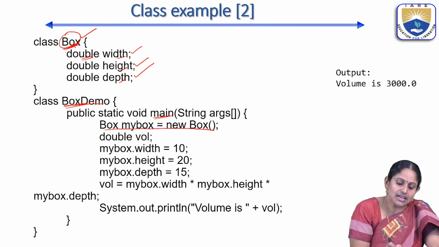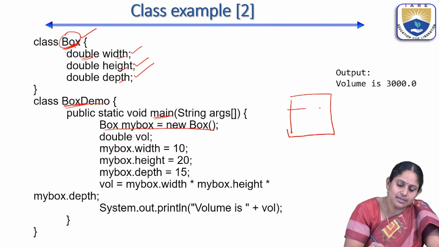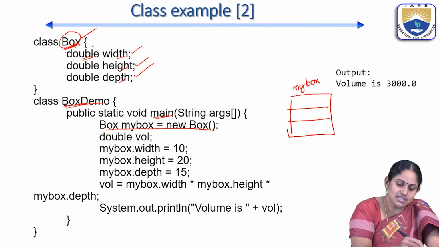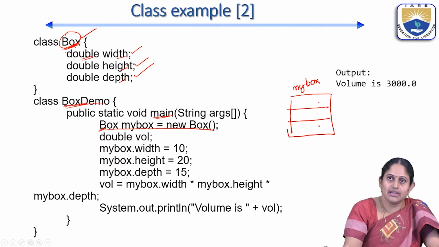When this object is created in the memory, it will allocate space for my Box object. Since myBox is an object of the Box class, which contains three variables, three locations will be given to it.